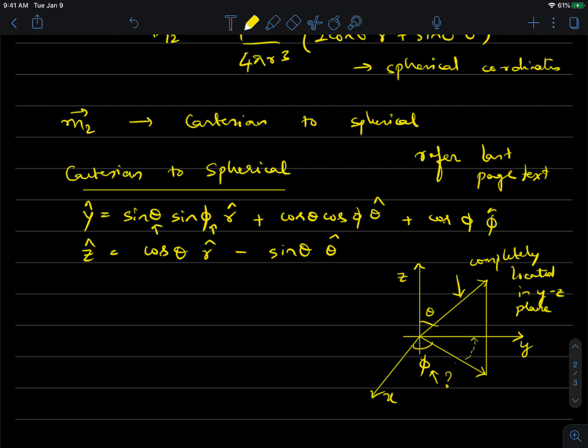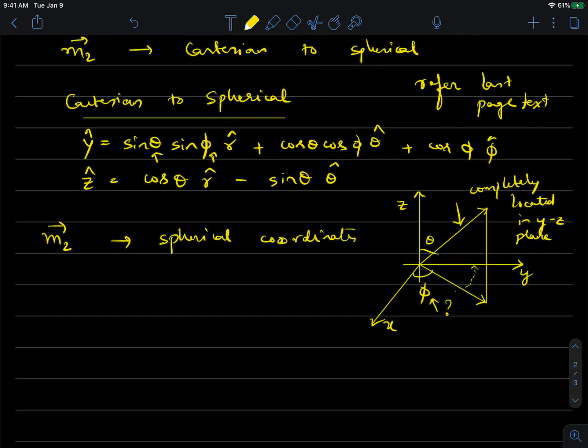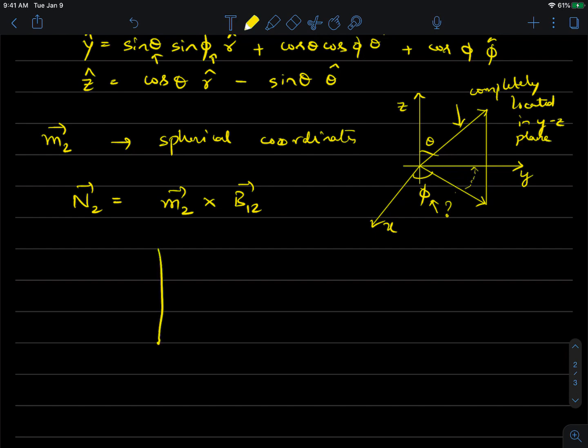You would have found out what theta is from the previous part of the problem. You find out what phi is using this part, and once you do that, you have converted m2 into spherical coordinates. Then all you have to do is perform n2 equals M2 cross B12, doing the cross product using the r cap, theta cap, phi cap formula.